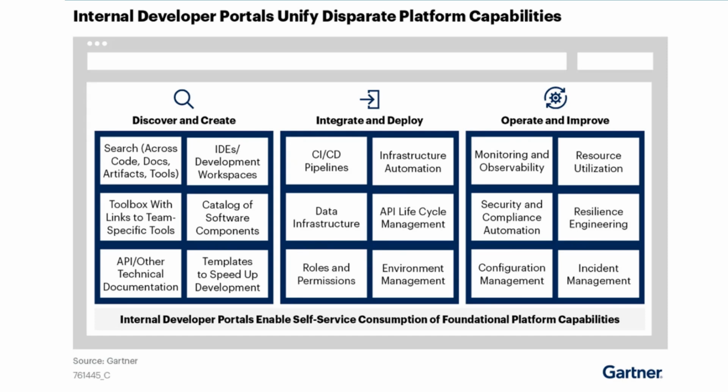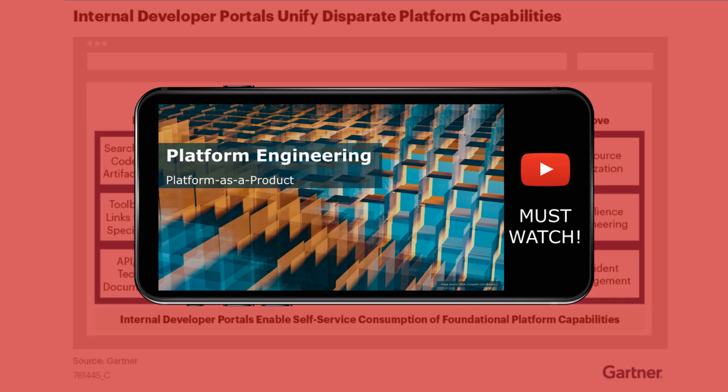It's important to note that IDPs can indeed cover the full spectrum, but not necessarily do so. It's a collaborative journey together with the platform users, the developers. More on this journey in my Platform as a Product video, where I cover the Thinnest Viable Platform, TVP, subject.